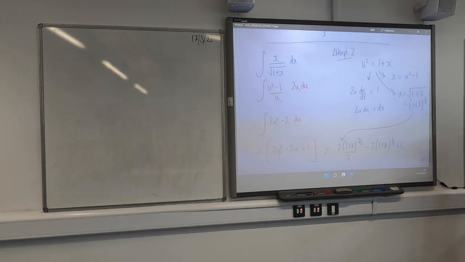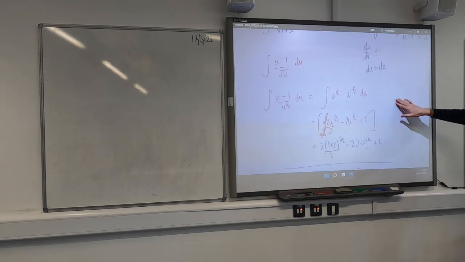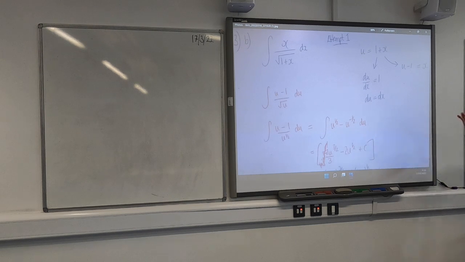So that was good. It worked both ways. It was a lot easier this way. But those questions where it says use a suitable substitution, you've sometimes got to be prepared to have a couple of goes at it.